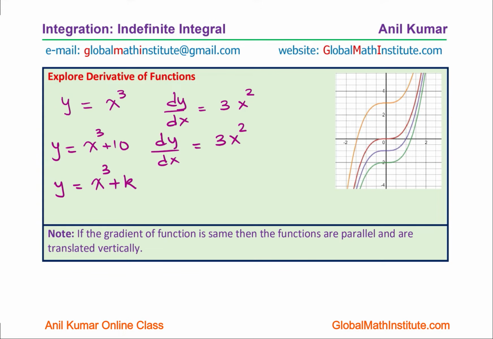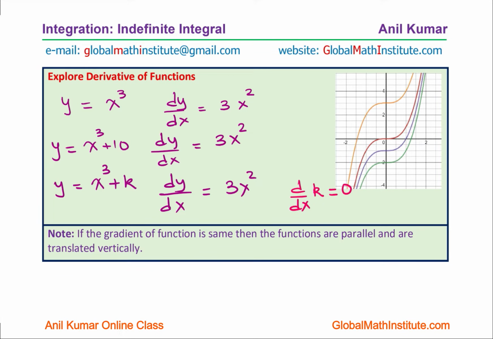It could be any real value, plus or minus. Well, definitely, the derivative is going to be 3x squared. Very simple, because the derivative of the constant is 0. And the reason, as you know, is that d dx of any constant k is equal to 0.